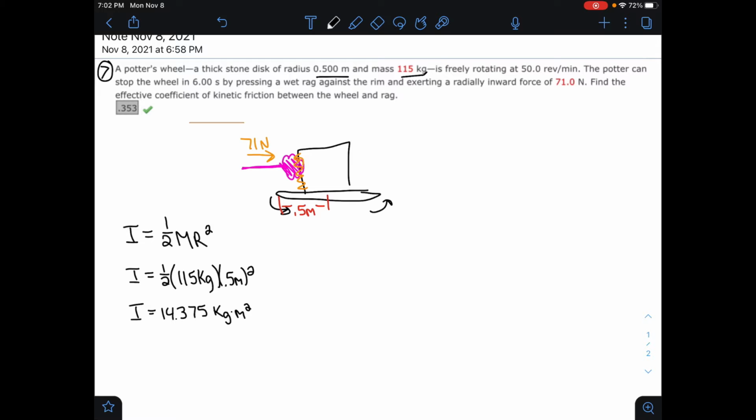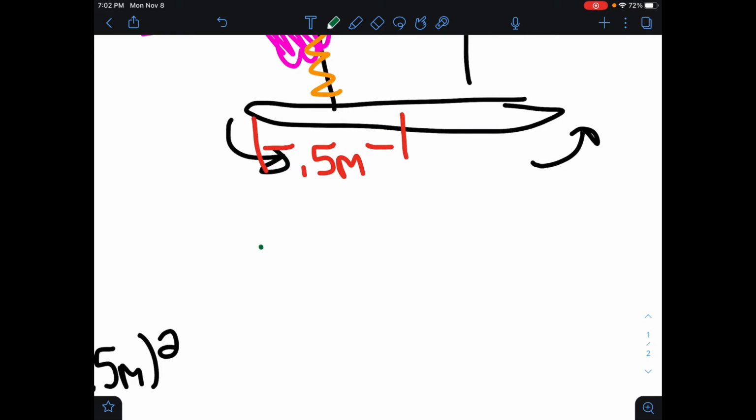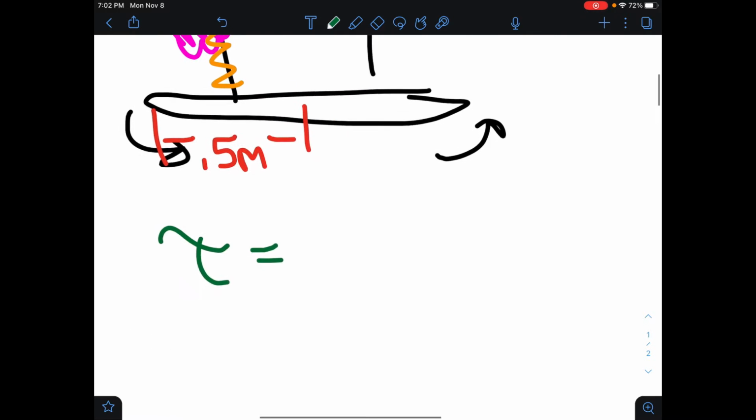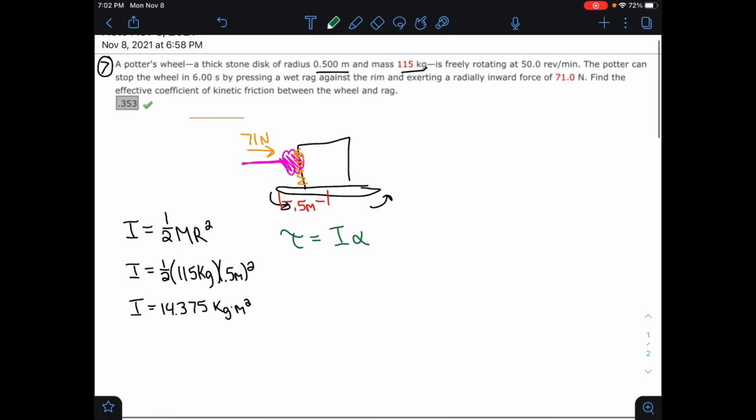So that's our I. Now here we're going to utilize torque equaling moment of inertia times angular acceleration. A common mistake here would be to plug in 50 revolutions per minute as our angular velocity, but the unit for angular velocity is radians per second, not revolutions per minute.